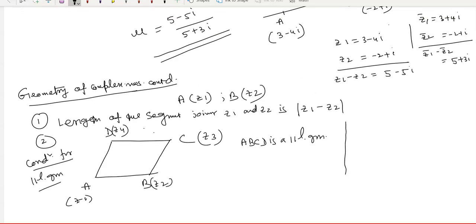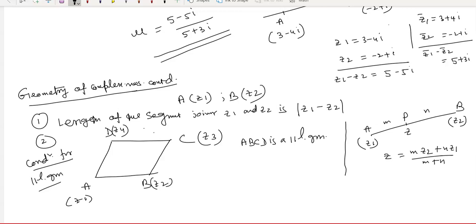Another thing before that, probably I told you earlier, just to remind you. This is called the section formula. If a point P divides the join of AB in the ratio m is to n, with A being Z1 and B being Z2, then Z is given by (mZ2 plus nZ1) by (m plus n).